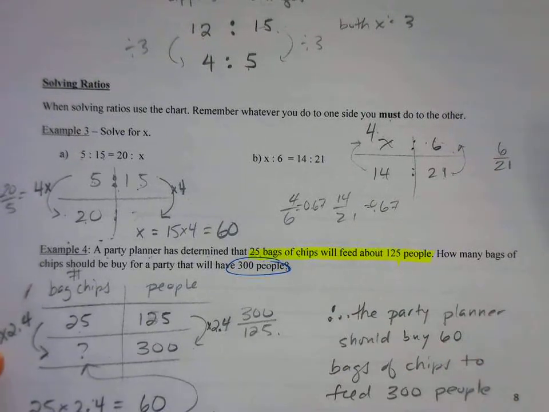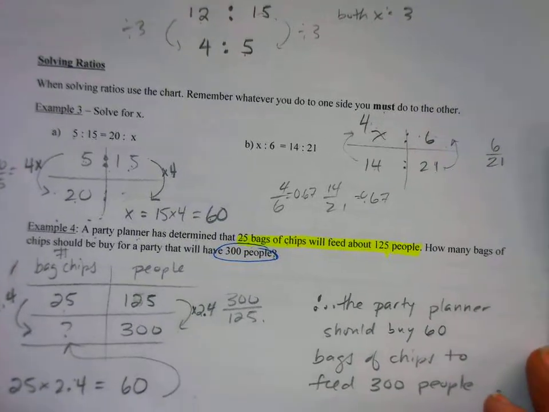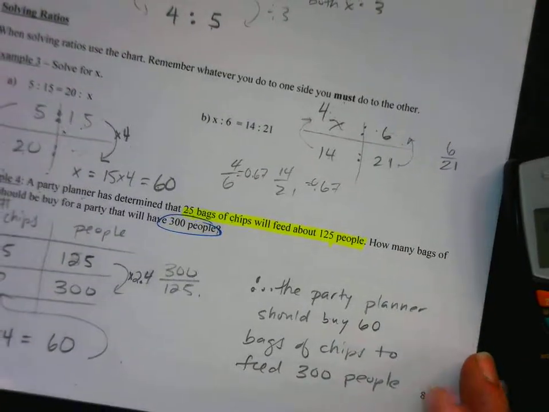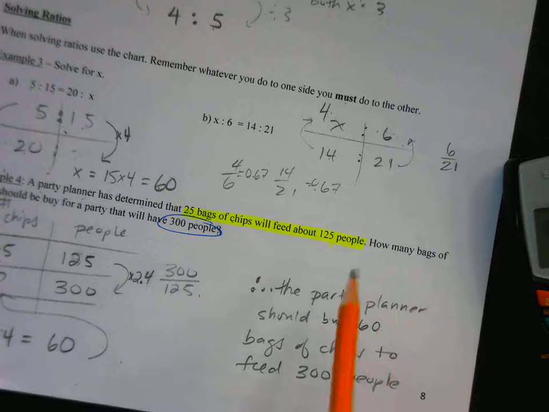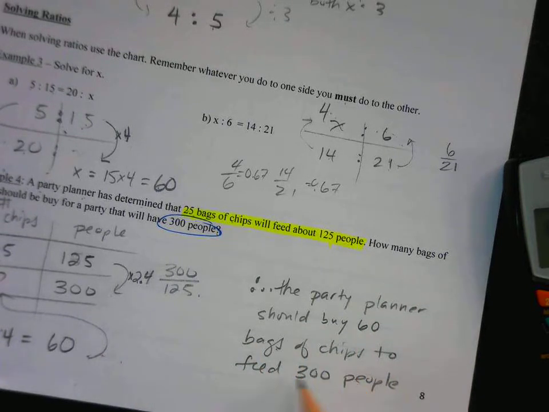And that's how you finish with your therefore statement as well. Because this right here tells me what the 60 represented. It represented bags of chips, and you know that it was to feed 300 people.